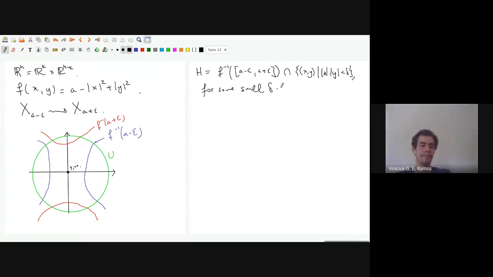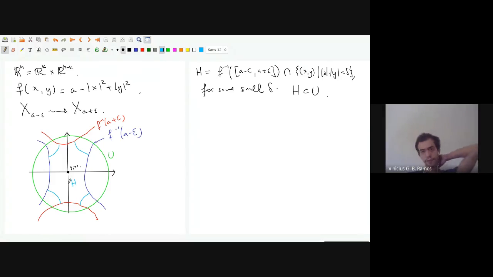So if delta is sufficiently small, I can get that this H is contained in U. So my H is going to be something like this. Okay, so this is my H.